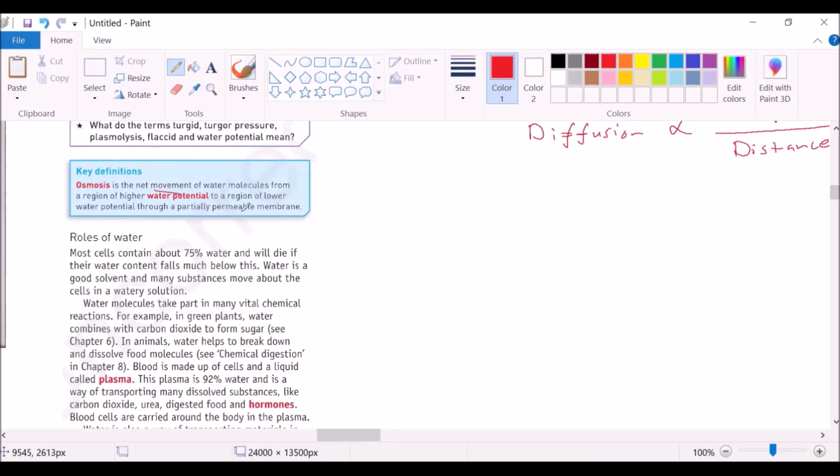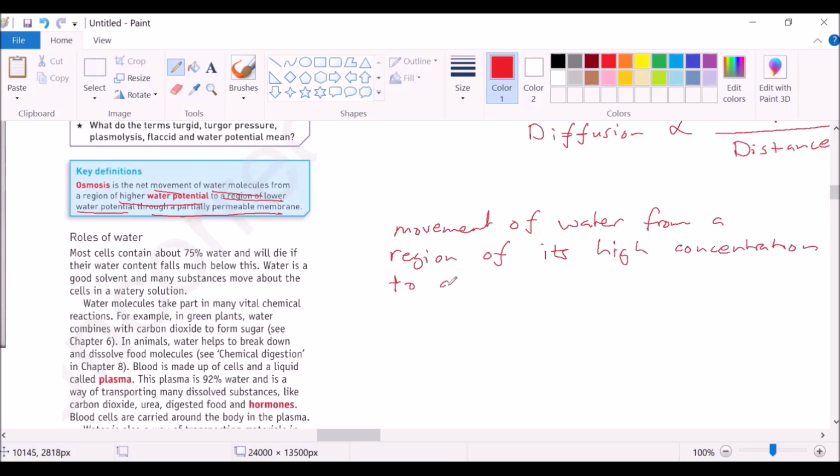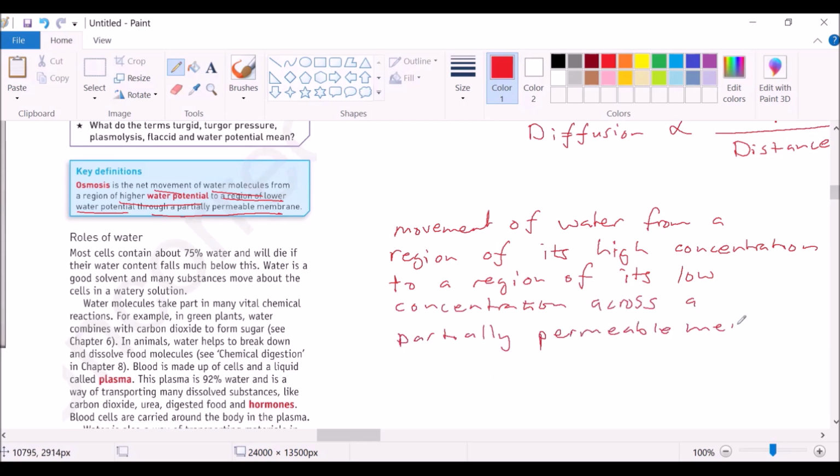Osmosis is the movement of water molecules from a region of higher water potential or higher water concentration to a region of lower water potential or lower water concentration through a partially permeable membrane. So osmosis is the movement of water from a region of its high concentration to a region of its low concentration across a partially permeable membrane.